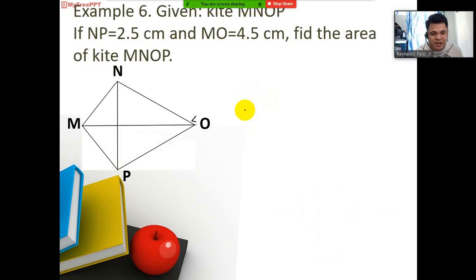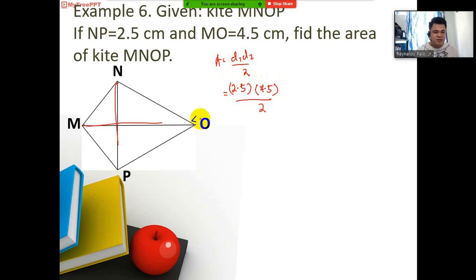Example 6. Given kite MNOP, if NP is 2.5 centimeters and MO is 4.5 centimeters, find the area of MNOP. For the area, it is A equals d sub 1 times d sub 2 all over 2. Substitute the values. d sub 1 measures 2.5 centimeters times segment MO, which is 4.5 centimeters, all over 2.